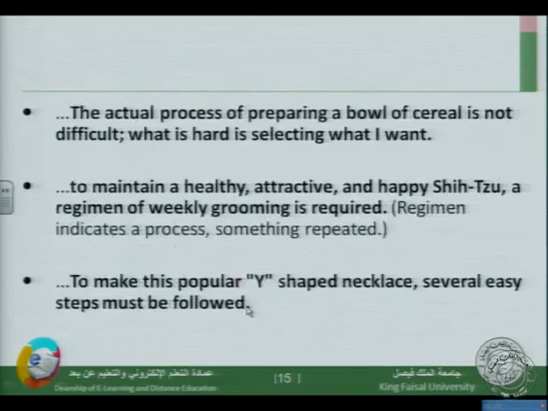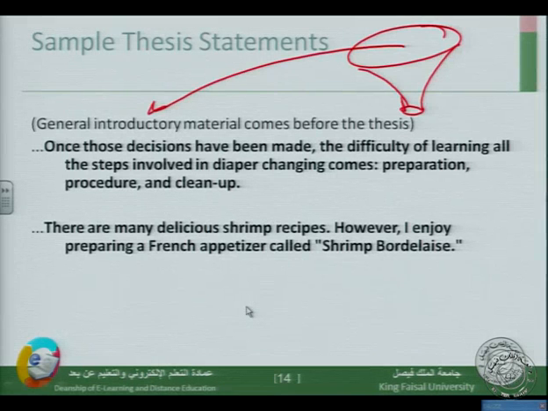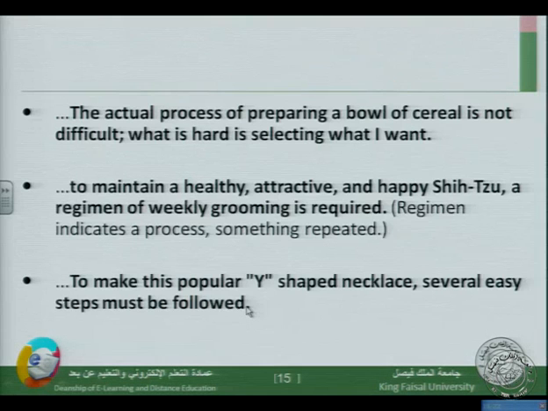So that was kind of an introductory. We started with the general introductory material before the thesis statement, and the last sentence was: To make this popular Y-shaped necklace, several easy steps must be followed. Here we're talking about logical divisions, right? How come it's the logical division? We have several easy steps.